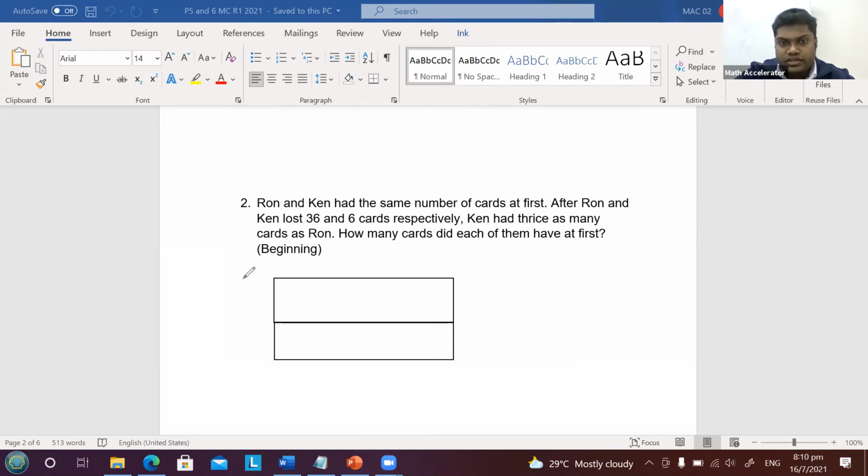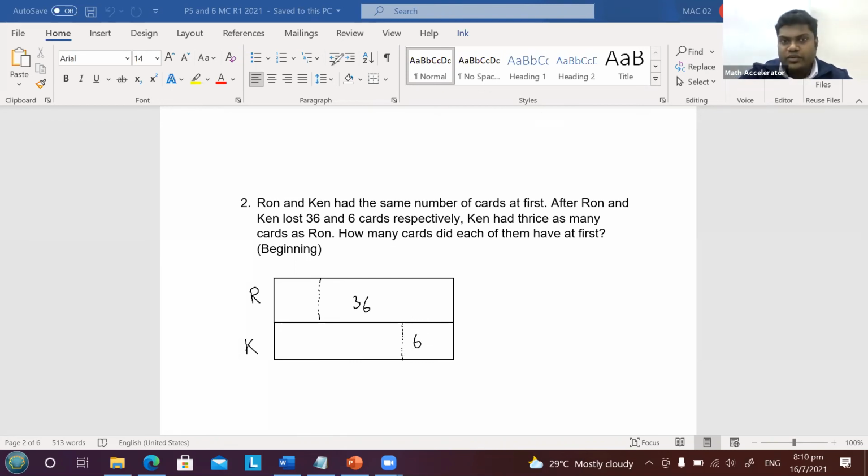So go and draw a model for both Ron and Ken. Right, so Ron and Ken. So after Ron lost 36 cards, put a dotted line. This is 36. And then Ken, dotted line, 6.